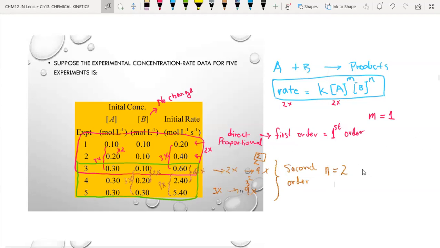That's it. What about if you make changes here, you keep this constant, and then you see no change at all on the speed? No change.